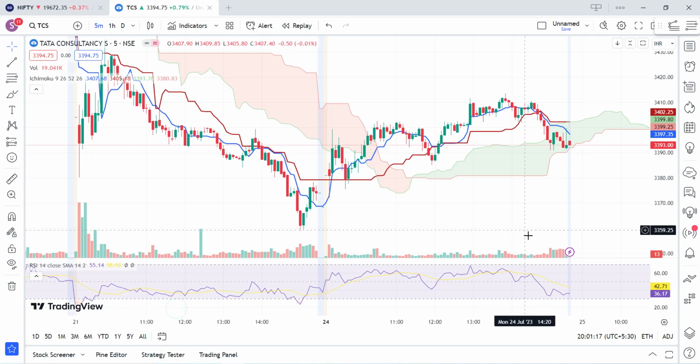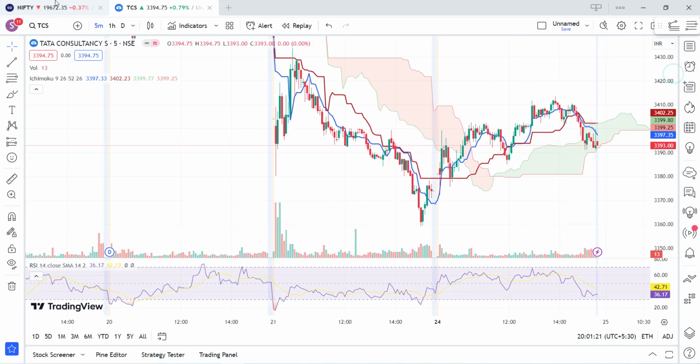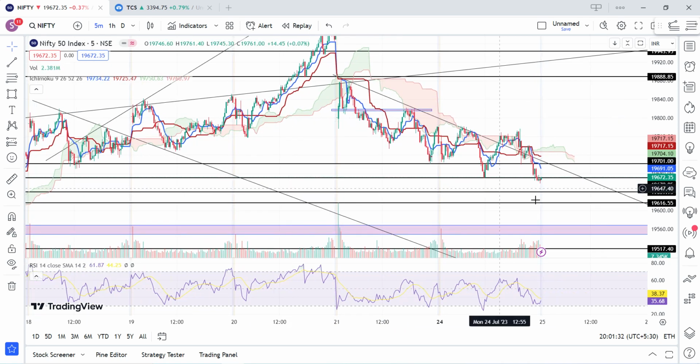That is the true thing. See, tomorrow I will tell about Nifty. I already marked these levels today for the downside. As per my analysis, if the market goes up to here, again it will come down. Definitely I think one more fall will be there in Nifty, but let's see.